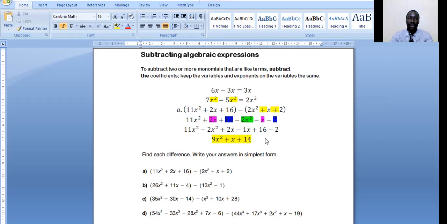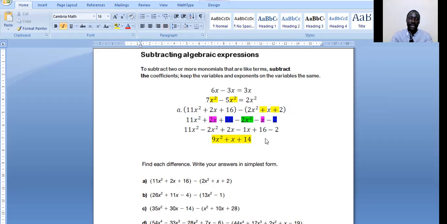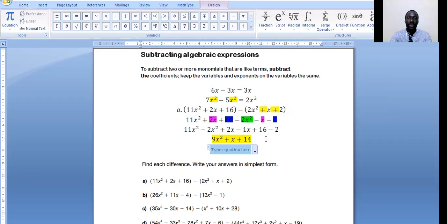Now, the next thing we want to look at is question 1, part 2, which we would like to call B. Now, this question here also has got 2 brackets. Okay, there is a minus between the first and the second bracket. Right, so in the first bracket we have what?